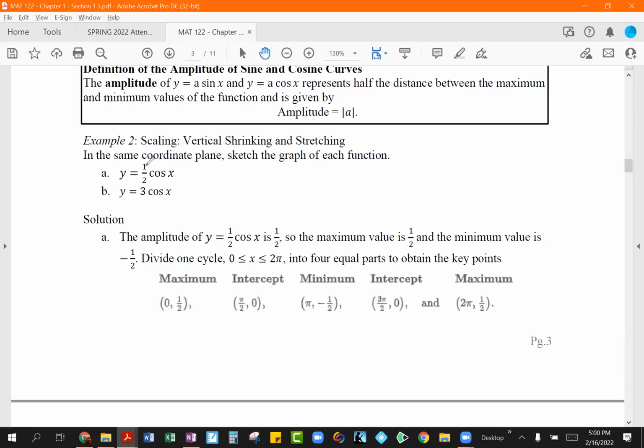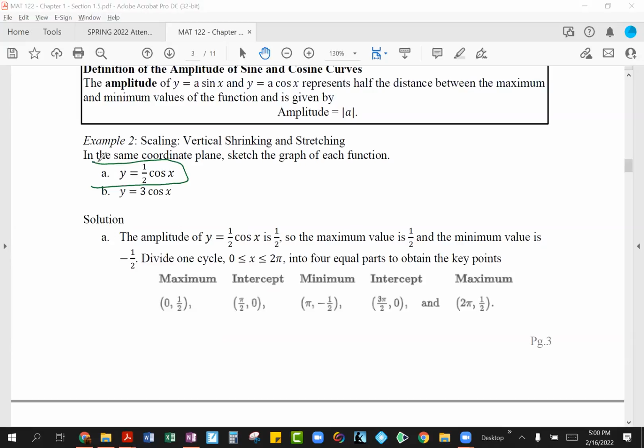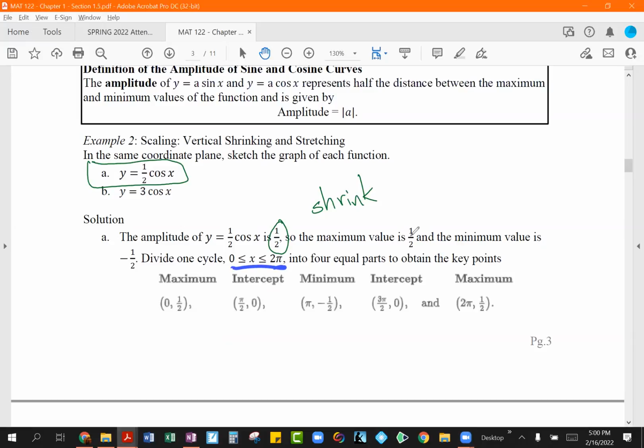So this one over here, you will see we're talking about 1/2 cosine of x. Since this amplitude factor is 1/2, you're actually going to see a vertical shrink in the shape of your graph over here. Again, your period goes from 0 to 2 pi because this is still a cosine function.